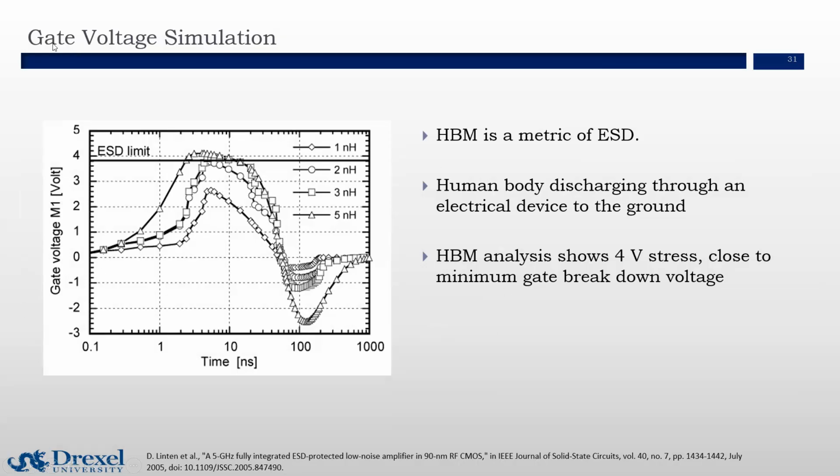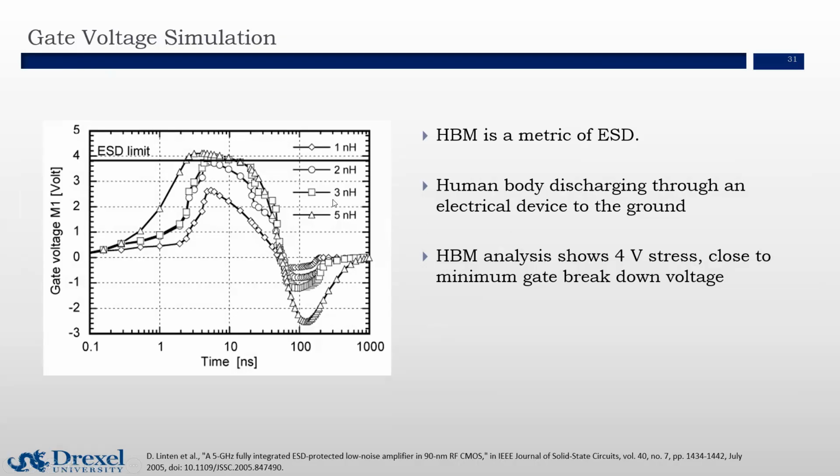And now let's take a look at the gate voltage simulation. Recall that HBM, or human body model, is a metric of ESD: a human body discharging through an electrical device to the ground.